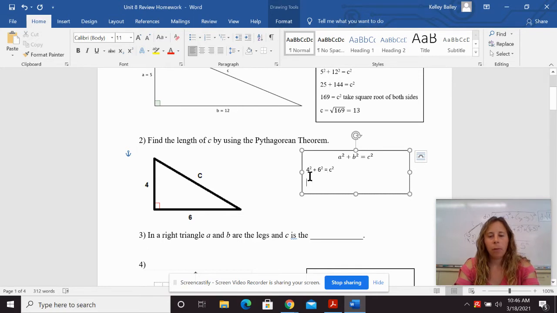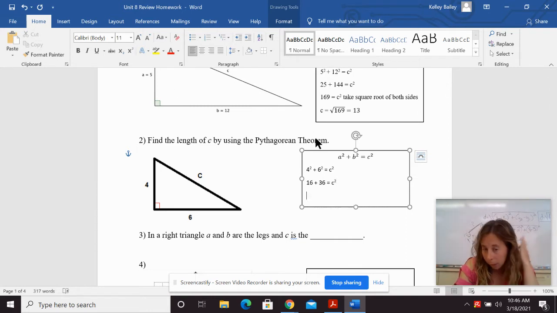4 squared is 4 times 4, which is 16, plus 6 squared, which is 6 times 6, which is 36, equals c squared. Then you just add those together. So you get 16 plus 36, which is 62.